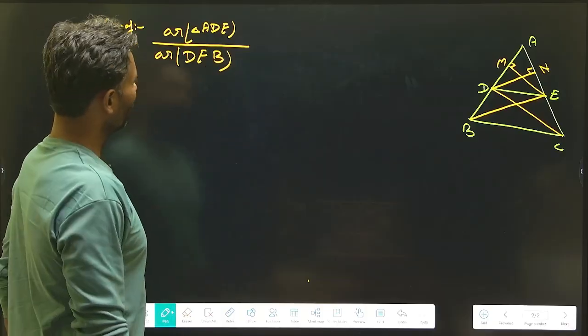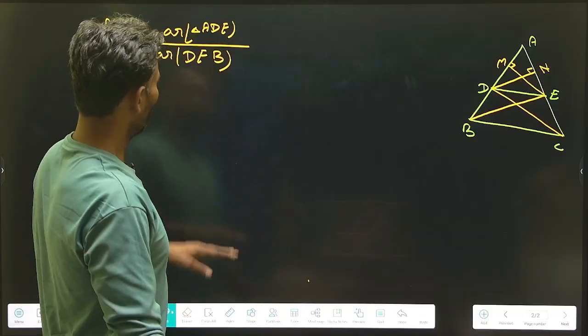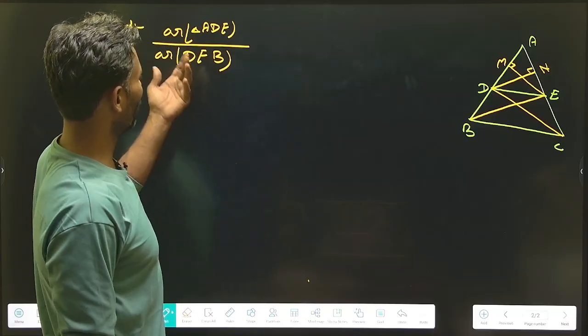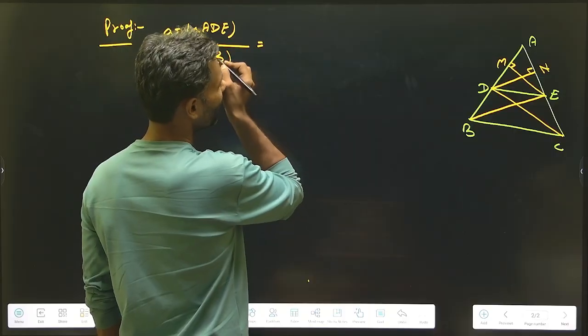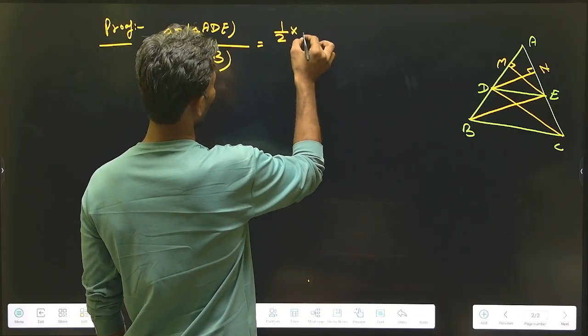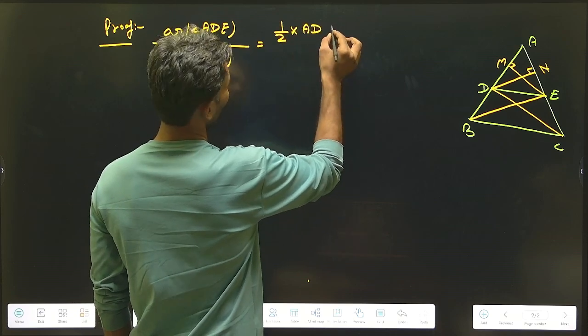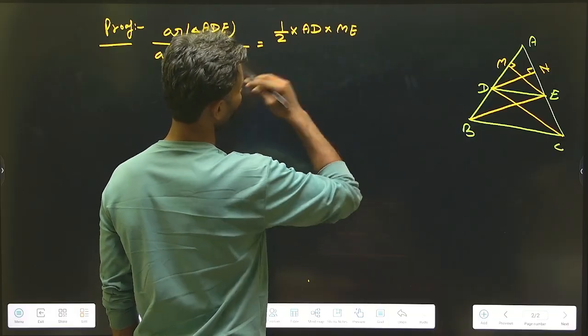As you know very well, the area of a triangle is always represented by 1/2 base into height. So the area of triangle ADE will be equal to 1/2, AD is working over here as the base and ME is working as the height or the altitude.